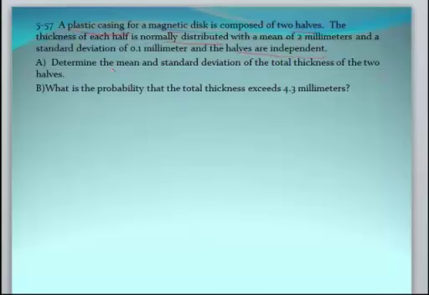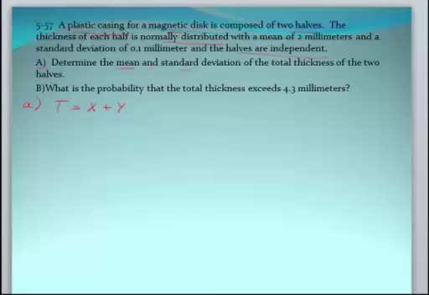To determine the mean and standard deviation of the total thickness of the two halves, that's for part A, so let's work that. We can say the thickness is just going to be x plus y, right? So that would be the total thickness.